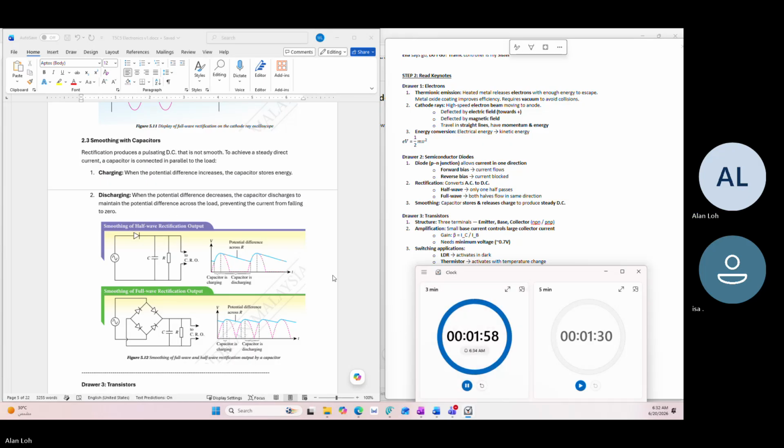Let's do that. Okay, you should be reading the diagram now.